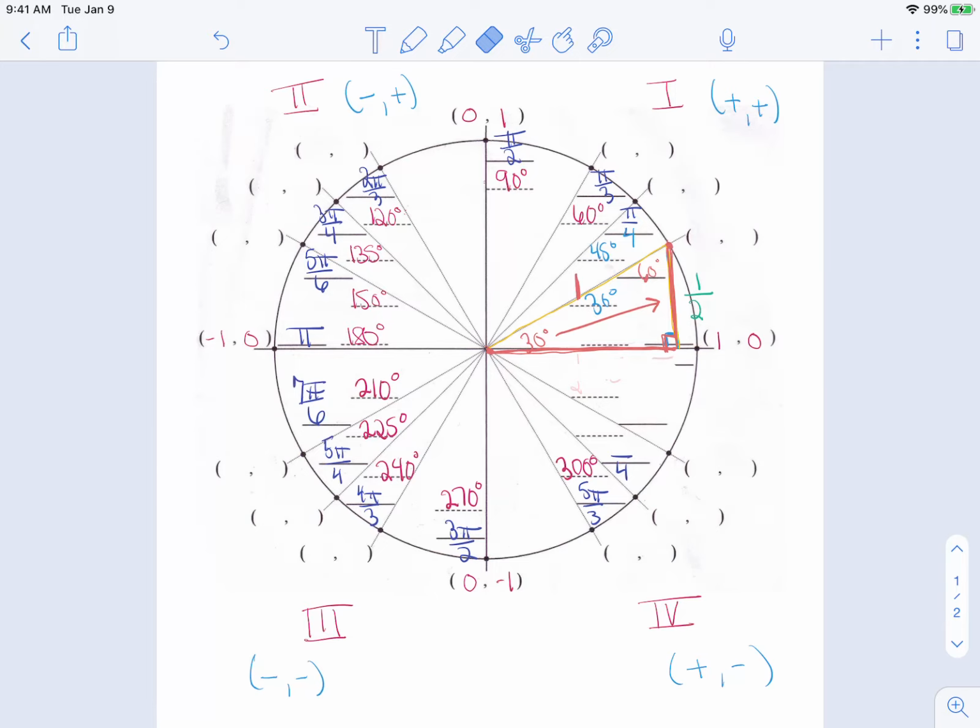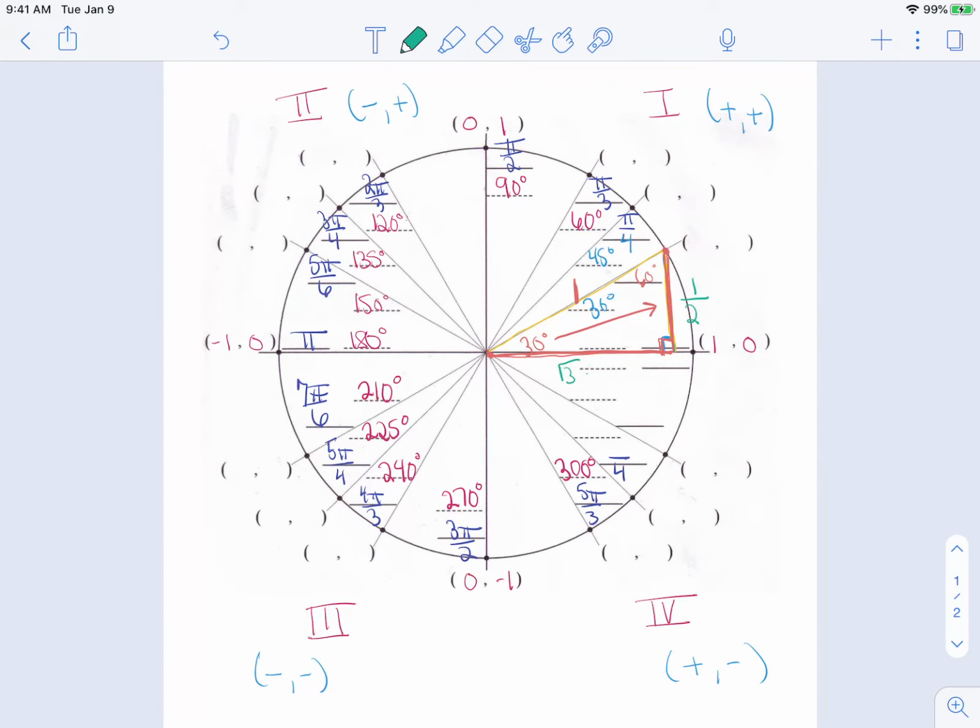And then from our short leg to our long leg, we multiply by root 3. If I multiply that straight across, it would be root 3 over 2. So what we found here is that our x value is root 3 over 2, because that's how far we moved over from the origin. We moved to the right, and then we moved up 1/2.